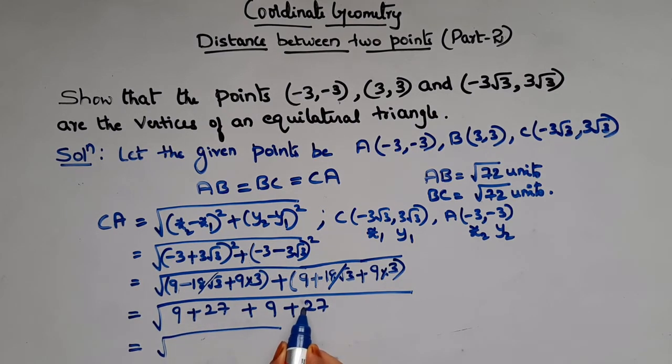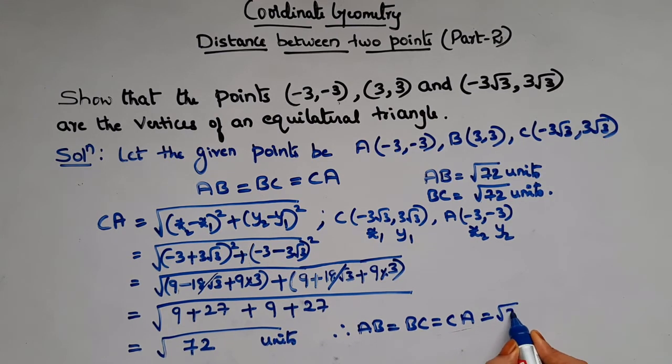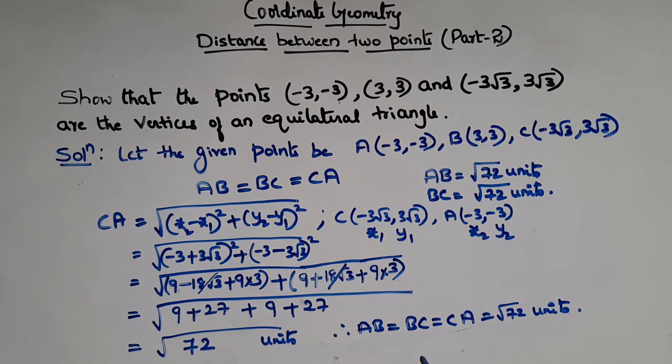Similarly, 9 plus 27 will give you 36. So 36 plus 36 will give you 72 units. So therefore, it is clear that AB is equal to BC, which is equal to CA, which is nothing but root 72 units. Hence, it is verified that these are the vertices of an equilateral triangle.